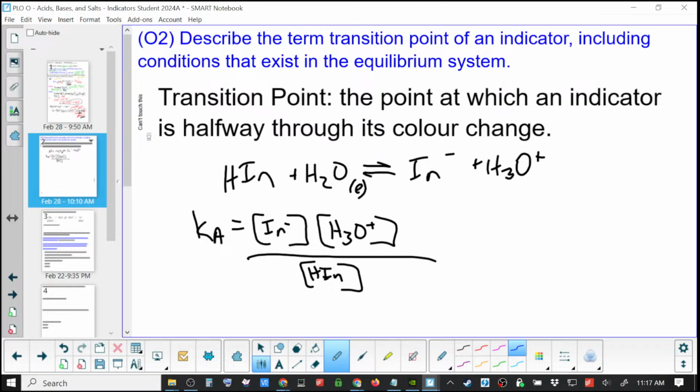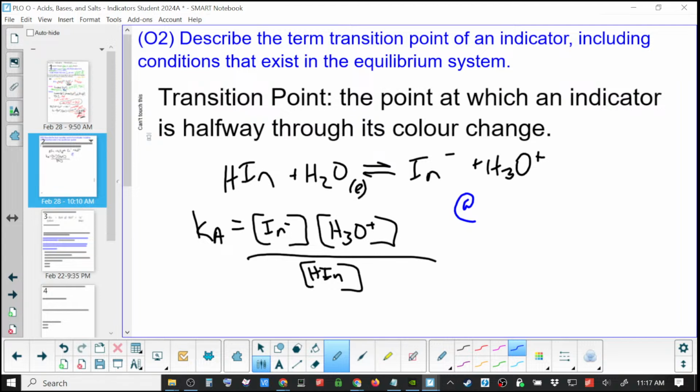When the indicator is halfway through its color change, so it's going from, I don't know, green to yellow, what can we say about the concentrations? They're equal. Which concentrations are equal? The concentration of HIN and IN minus.